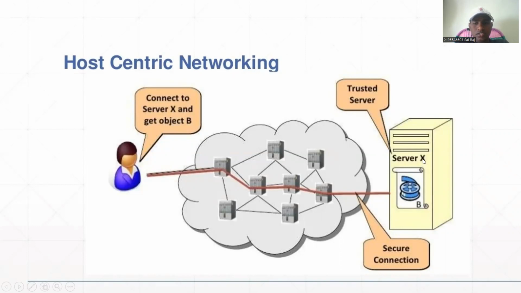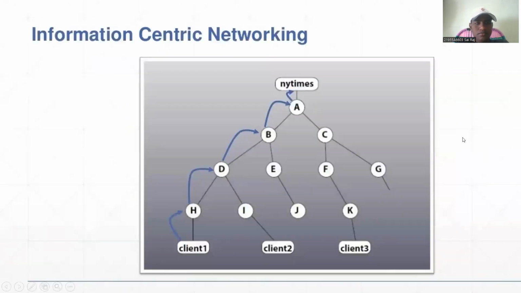So this is the trusted server, and the data will be sent to the client using the secure connection. Here we can see the transfer of data using host-centric networking. This is the secure connection, this is the trusted server, and this is the client. So the data is transferred from server X to the client.